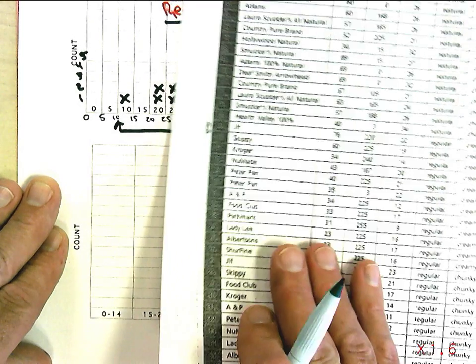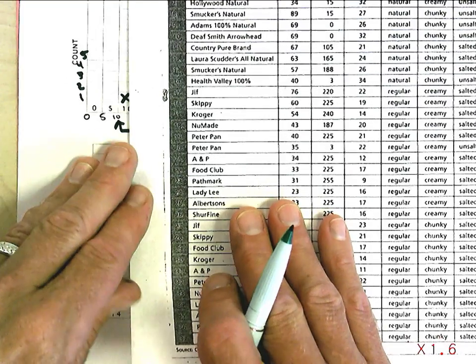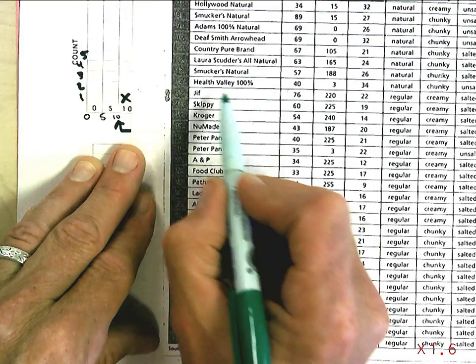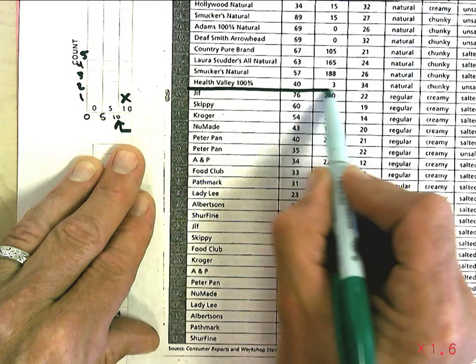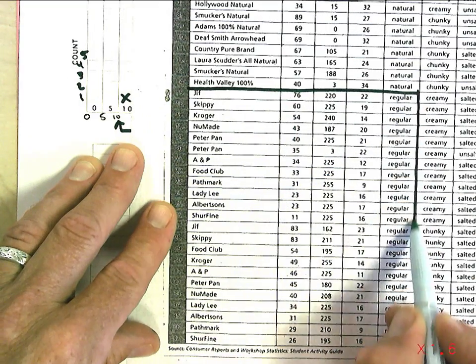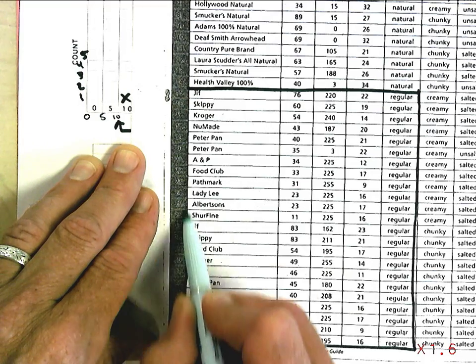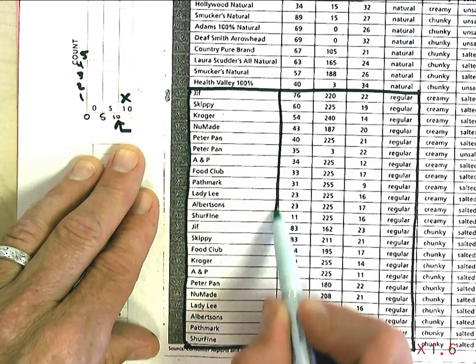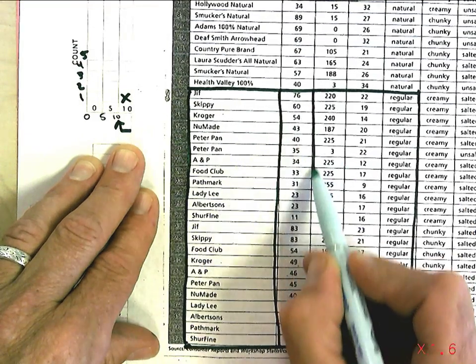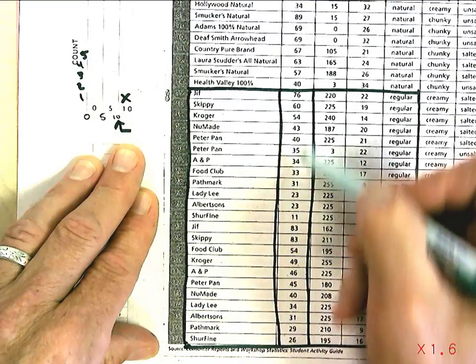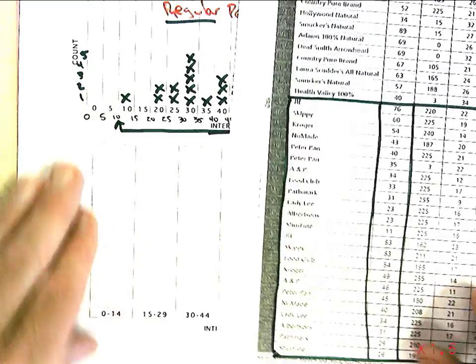So I'm going to again look at my data here, my list, and the regular peanut butter starts right here and goes down to the end of the chart. So these are the quality ratings that I want, right here. That's my column of quality ratings. And again, the intervals now are going to be 15.